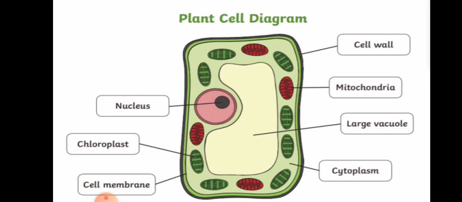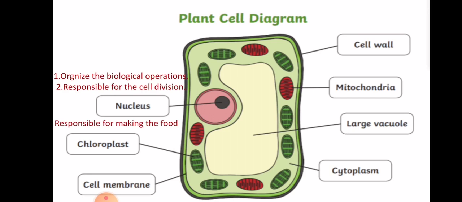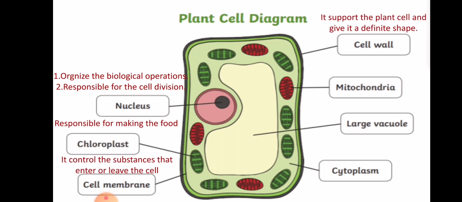So let's see the function of each part of the plant cell. At the beginning, we will start with the cell wall. The cell wall gives the plant its rigid, definite shape.